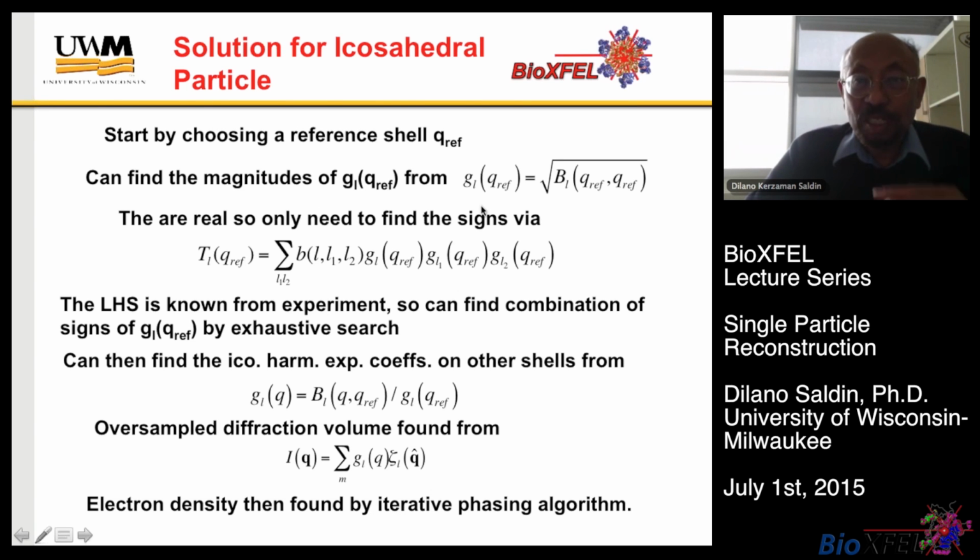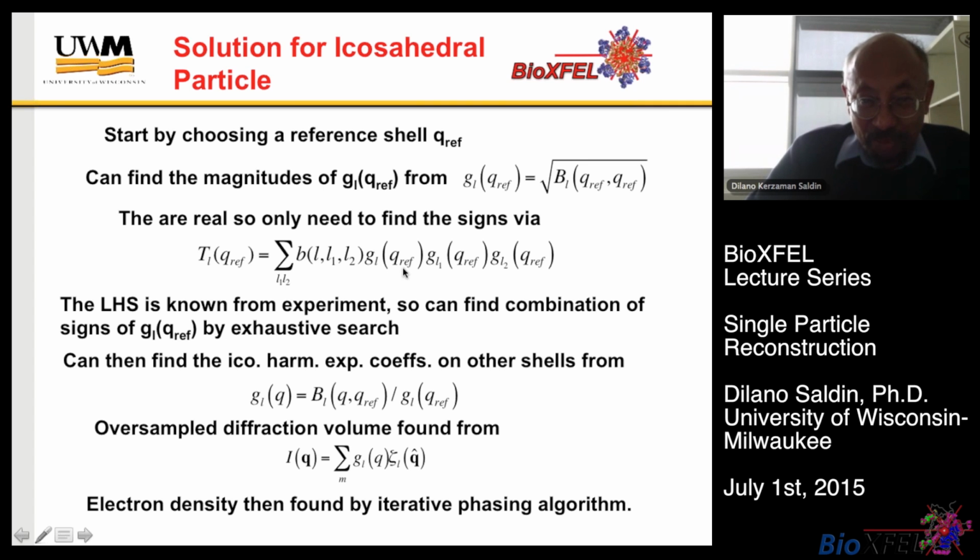Right? So if you want the magnitude of G at any particular reference shell, you just need to take the square root of the B's. Now, these quantities happen to be real, so we only need to find the signs, and we do that via the triple correlations. Actually, in this case, the triple correlations look something like this, where B is some known function, and the quantity on the left is found from experiment.